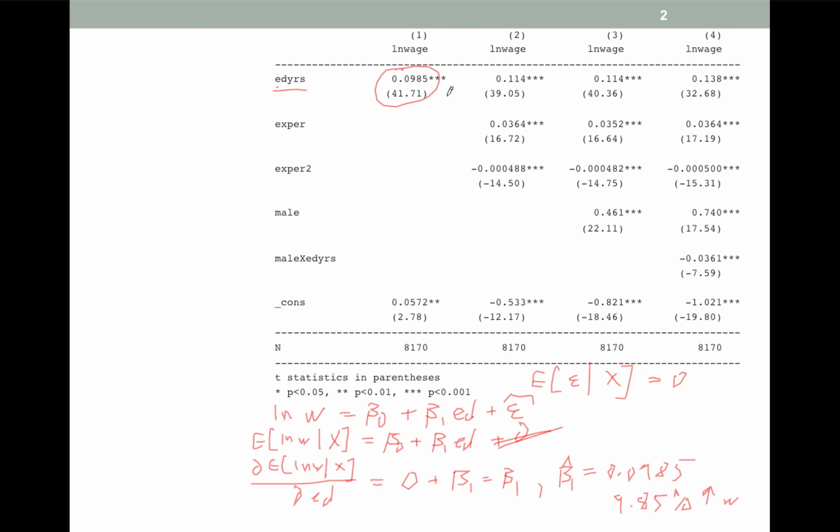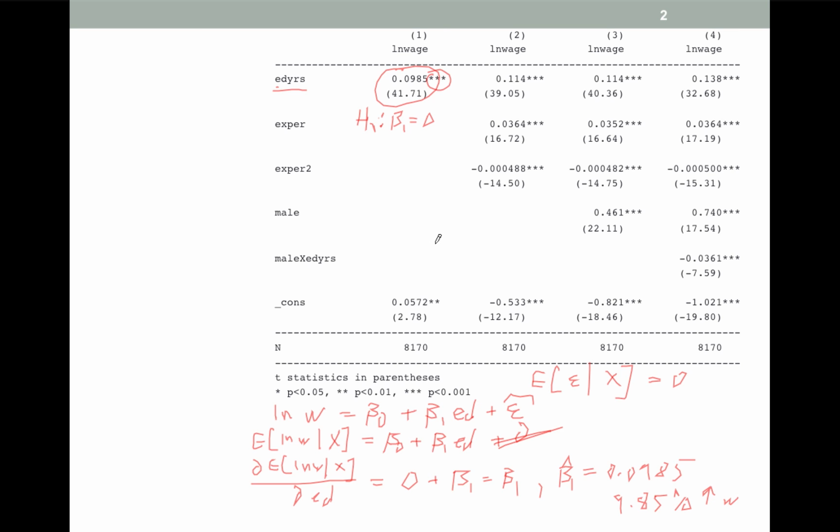Now the stars that we observe in most regression tables correspond to how significantly different this coefficient estimate is from 0. That is, we're looking at the test that beta 1 equals 0, that the true beta 1 is 0.